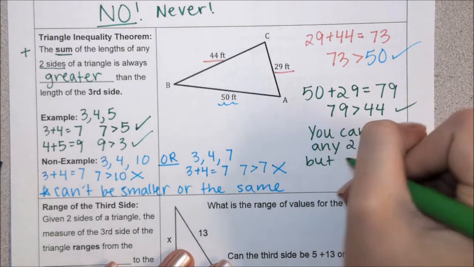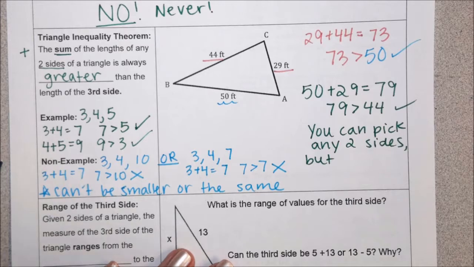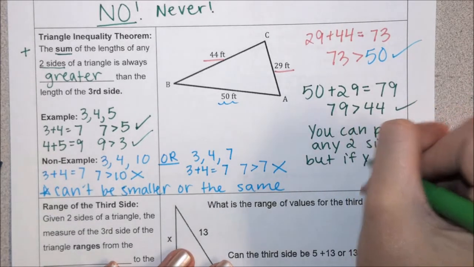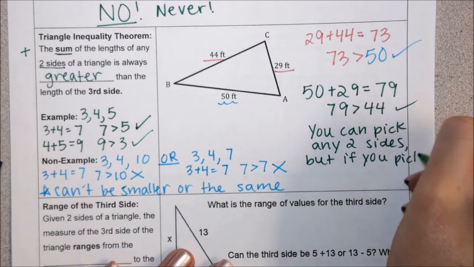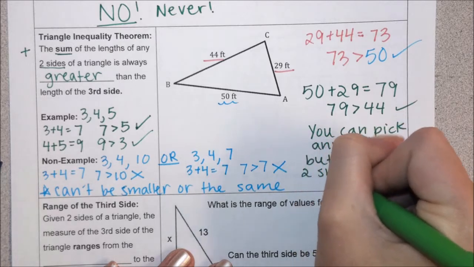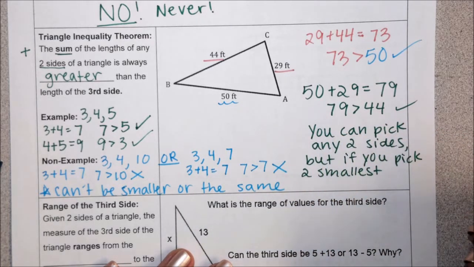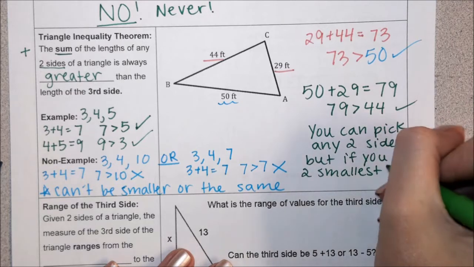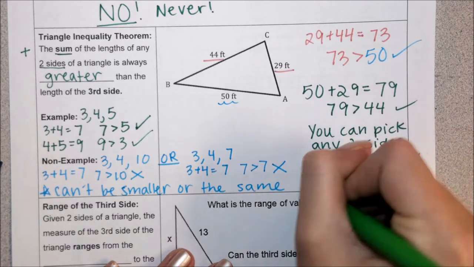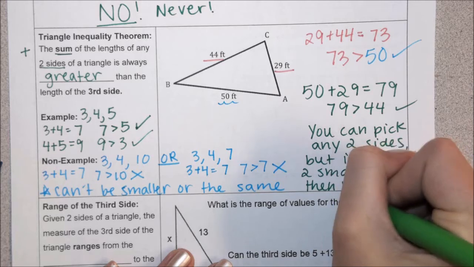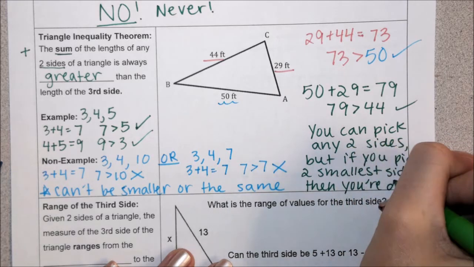But I recommend picking the two smallest. If you pick the two smallest sides, and that checks out okay, then it's always going to be right. So if you pick two smallest sides, then you're done. You don't have to check the other sides.